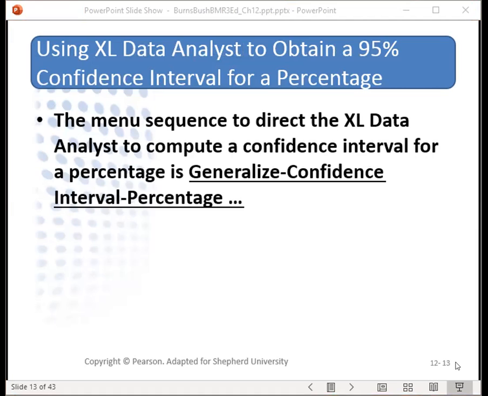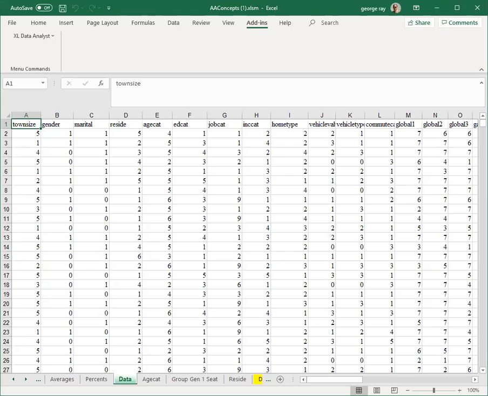So let me pull up a worksheet. And there we go. So here's our Advanced Automotive Concepts survey results.